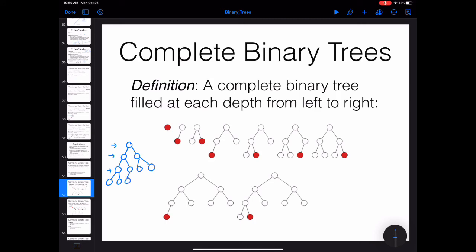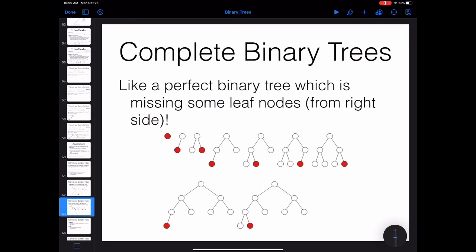So in fact, in a complete binary tree, it's just like you are trying to follow the shape of a perfect binary tree, but you don't have enough nodes, right? So fill all the levels from top to bottom, and from left to right. This is exactly following the way that you look at the nodes in a breadth first order.